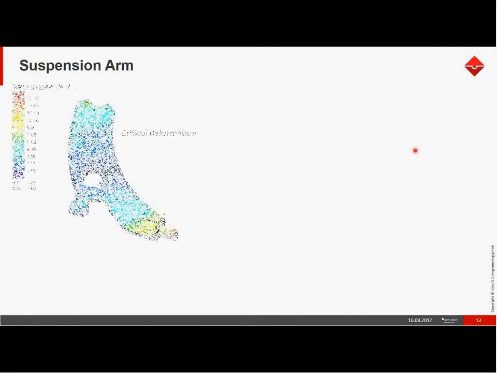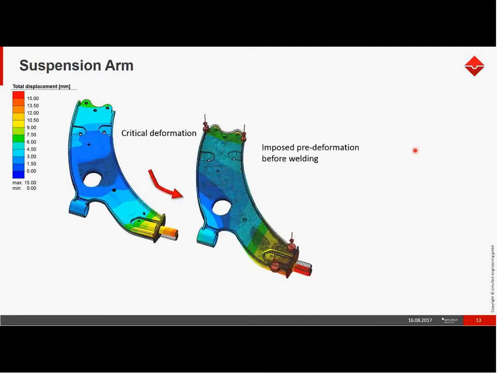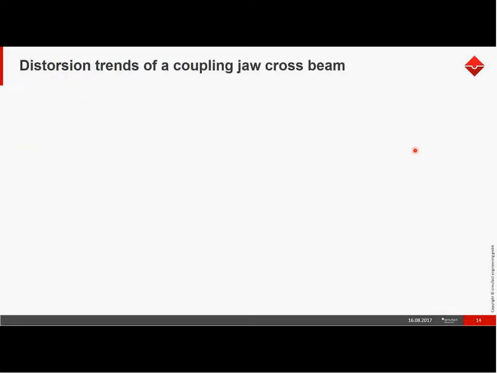So to wrap this up a little bit, they had critical deformation, and they used an imposed pre-deformation before the actual welding of the second part, and then they get an improved deformation after welding. So this is an example for using multi-stage assembly simulation with our software.